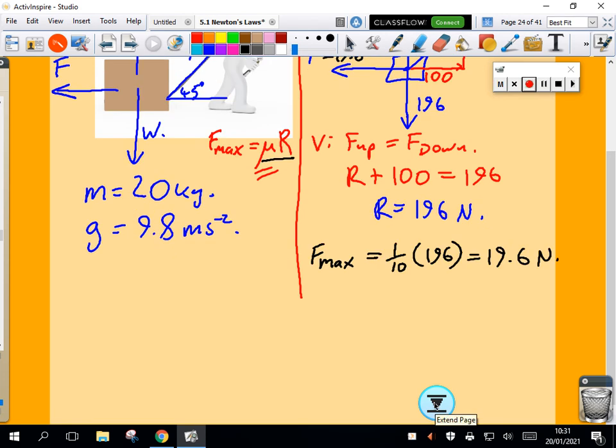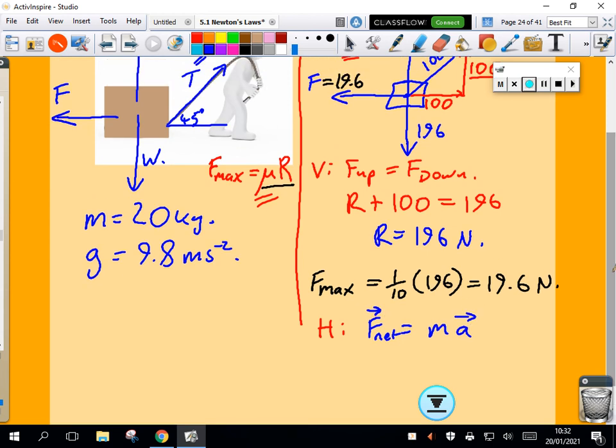So I want to think now about my horizontal forces. Horizontally, again, we're using Newton's second law, F net equals ma. The net force horizontally, well, what have we got? We have this 100 newtons pulling to the right and this 19.6 pulling to the left.